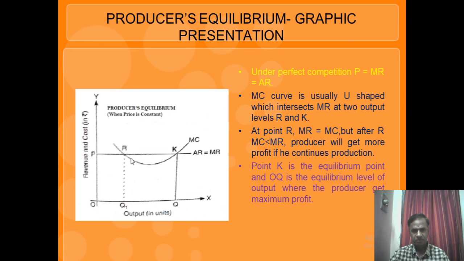Here, after the level of output OQ1, if the producer continues the production, MC is lesser than MR. MC is lesser than MR means profit will be more. When the profit is more, no one will stop the production. That's why he will continue the production until K. There, two conditions are met.